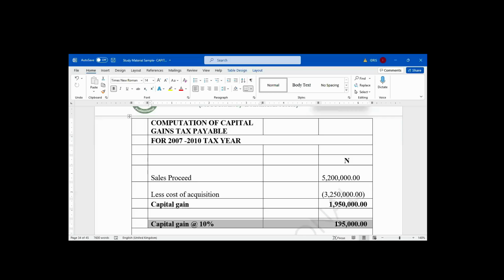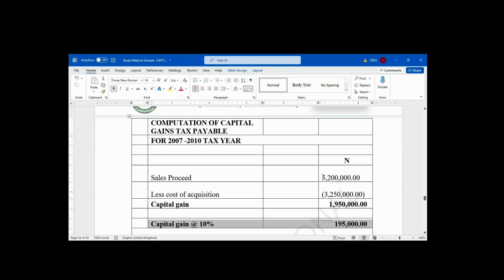But the question is, is the seller going to pay this once or pay it based on the number of installments? He's going to pay it based on the number of installments. How did the buyer of the asset pay for this 5.2 million?